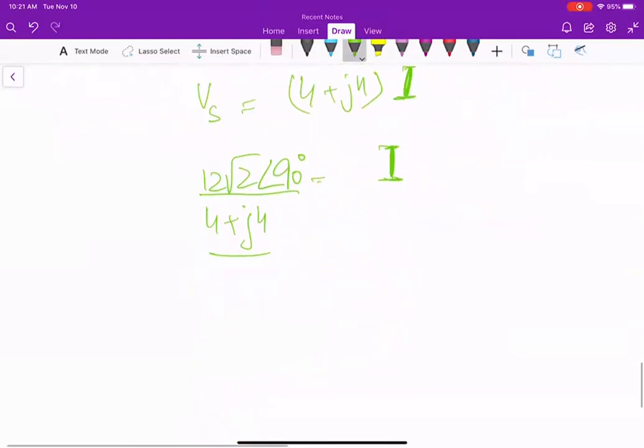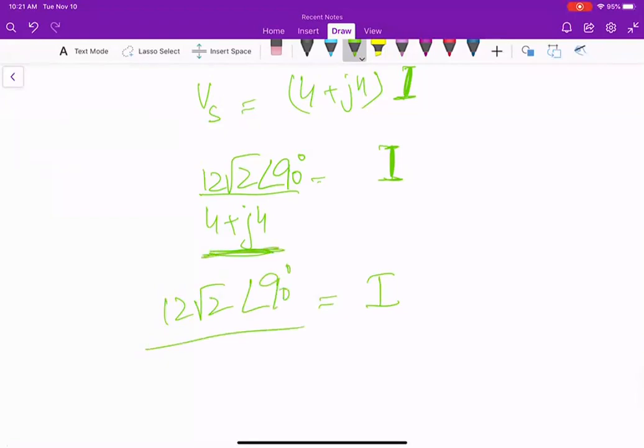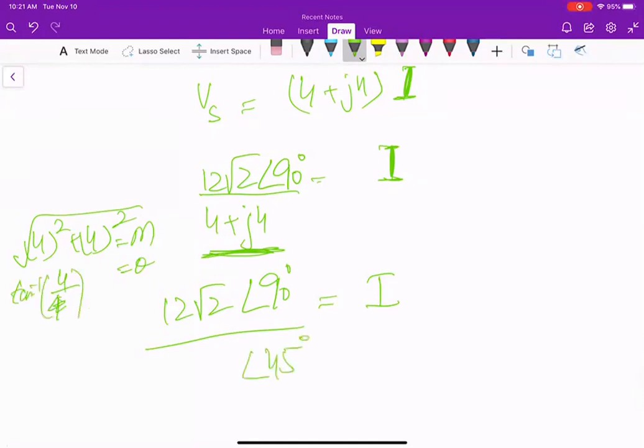As we have known before, we can do multiplication and division by converting it in the polar form or phasor form, whatever you call it. So when we convert this into polar form, the angle will be tan inverse 4 by 4, which will be 45 degrees, and magnitude will be 4 square root of 2.